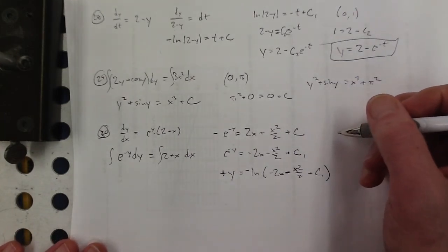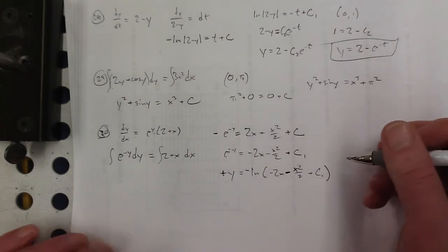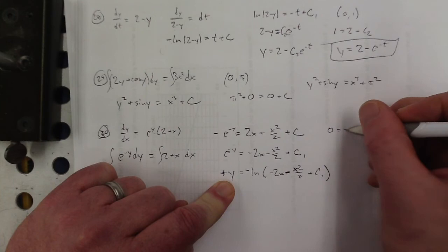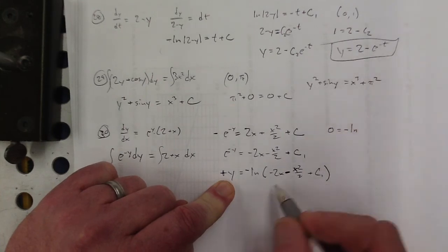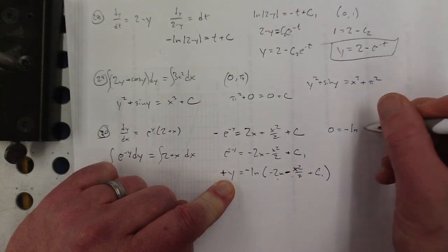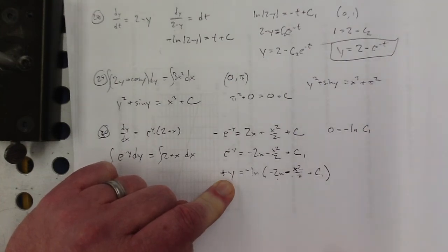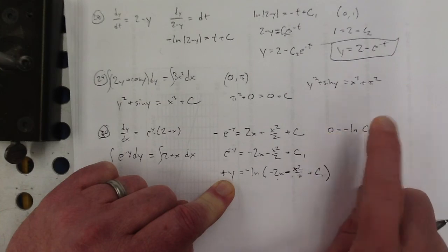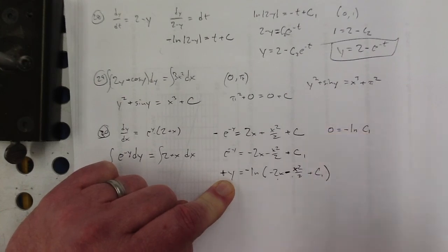So what's my initial condition? It's (0, 0). So if I plug in 0 for y, it's equal to negative natural log of 0 minus 0 plus c. So let's see, what's the c1? If you want to have the natural log of something and have that be 0, that's got to be, the natural log of 1 is 0.